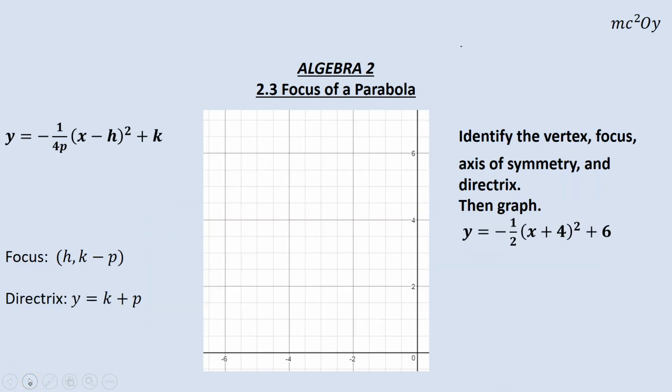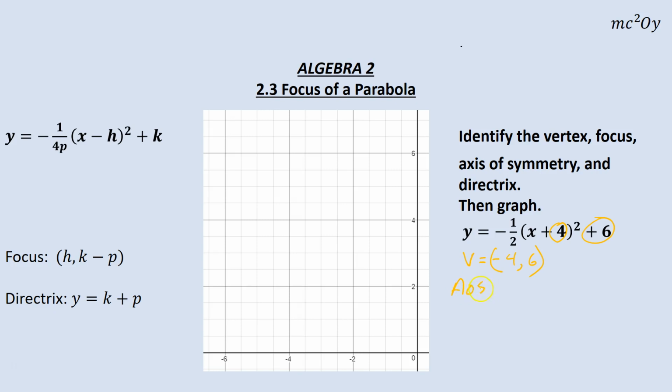All right, so the next one: identify the vertex, focus, axis of symmetry and directrix of this graph. So really quick, the vertex is negative 4, because that's a plus in there. So (negative 4, 6).